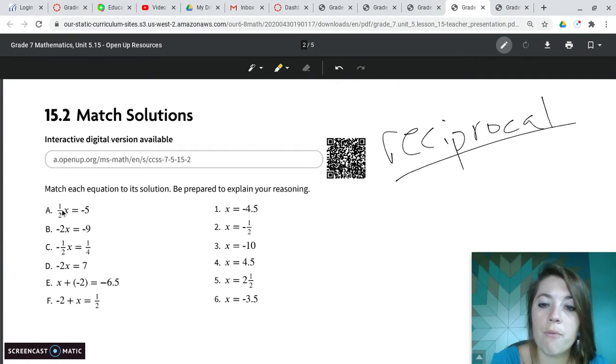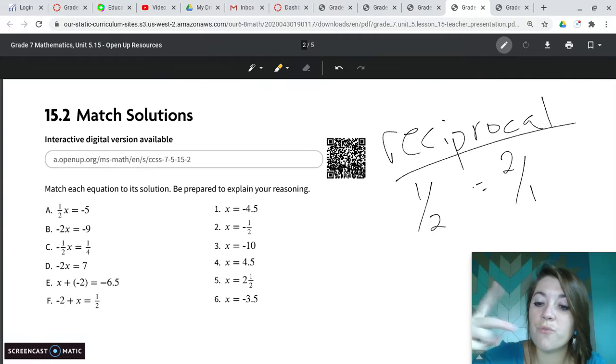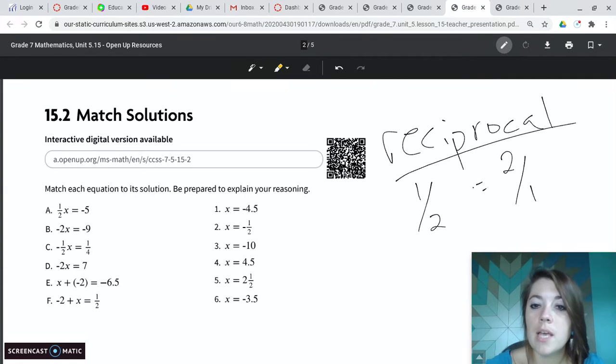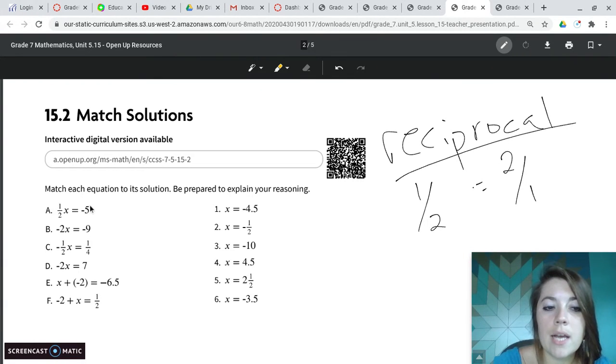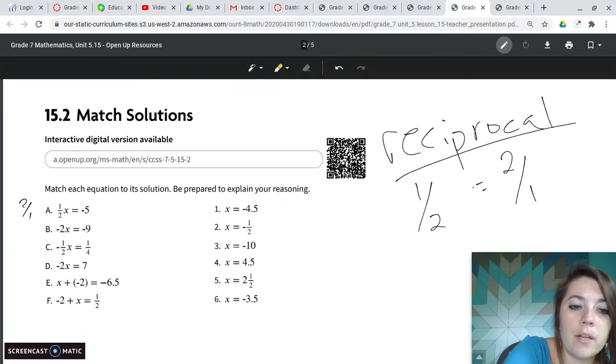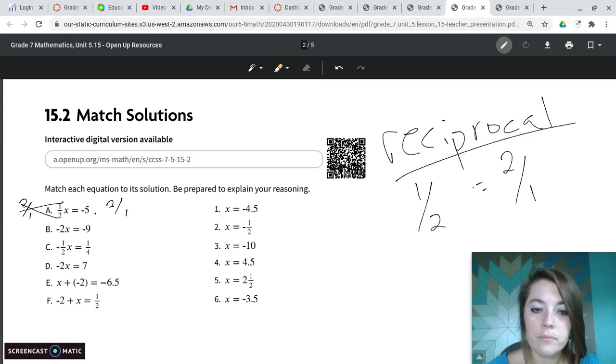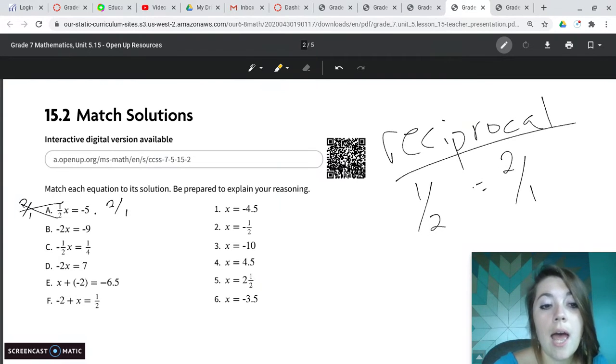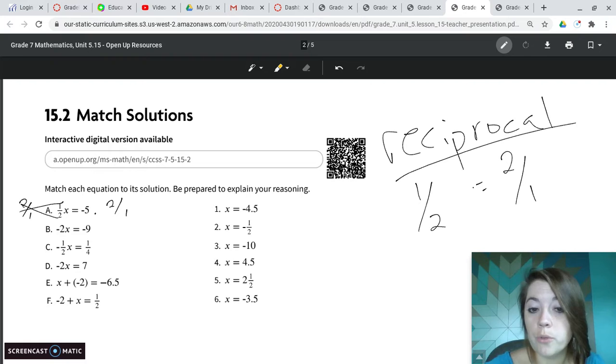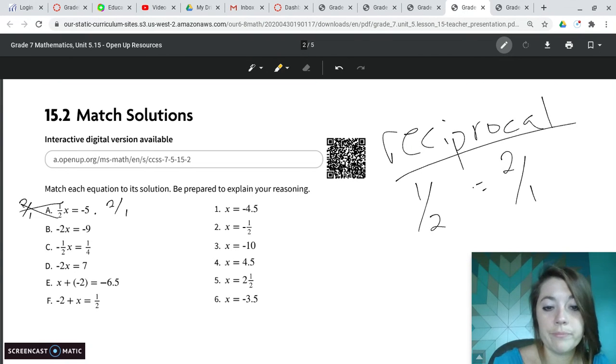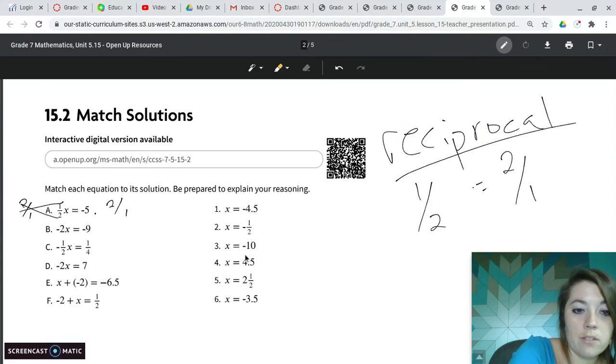The reciprocal of 1/2 equals 2/1, so it's just flipping the fraction. We've looked at reciprocals before. If we multiply both sides by 2/1, that cancels out the 1/2, so we're just left with x equals -5 times 2, which is -10.